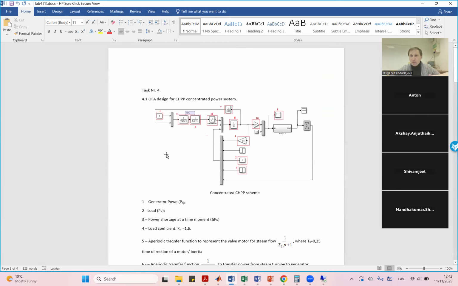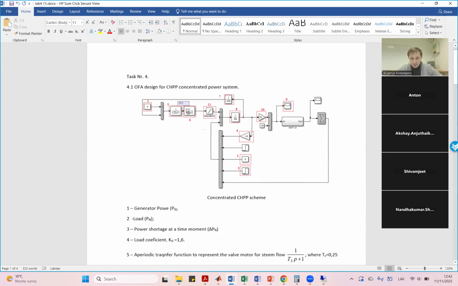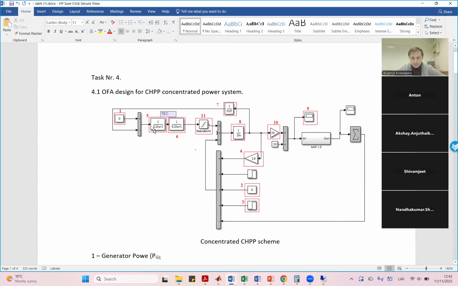Now let's go through step by step, and let's start with the first one. So 4.1, we design an under frequency load shedding automation for a power system represented by a concentrated model, like in the first lab. So first one is with, okay, I'll zoom in.